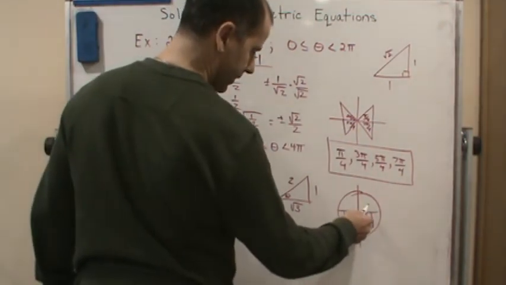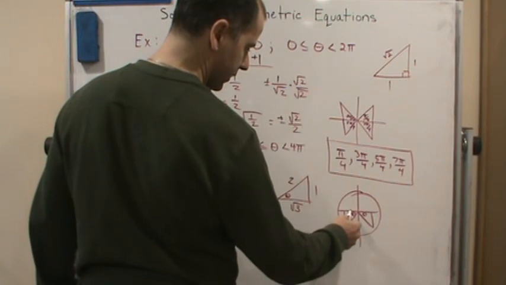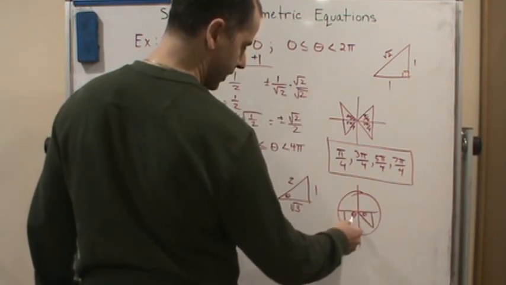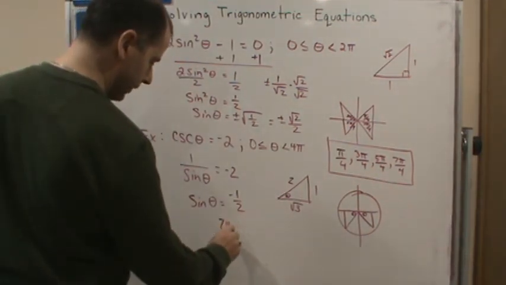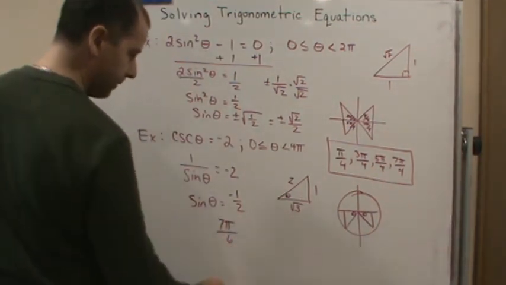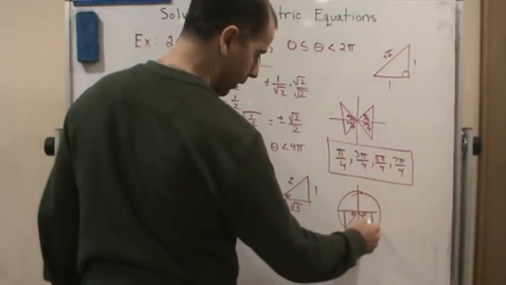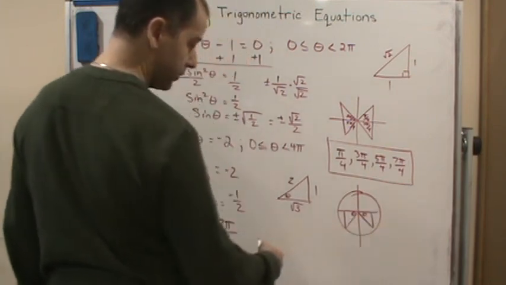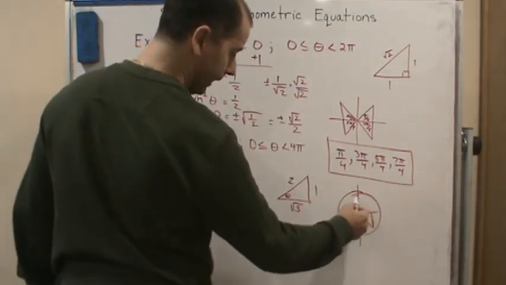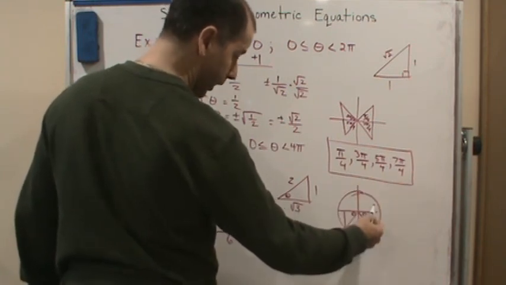So that's going to be, if we're talking about 30-degree angles, pi over 6. So in this case, this is going to be 7 pi over 6, because you're going to go to pi, which is 6 pi over 6, and then one more pi over 6, which is 7 pi over 6. So that's going to be one of our answers, 7 pi over 6. And the other one is negative pi over 6, or in other words, 11 pi over 6, because 2 pi is 12 pi over 6.